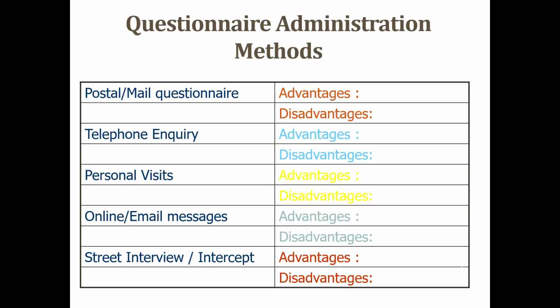But what about an advantage? Can someone try an advantage of using the postal method? Remember, I even mentioned one challenge with it: you must have the postal addresses of all your target respondents. So if you cannot obtain their addresses, that will be a challenge.